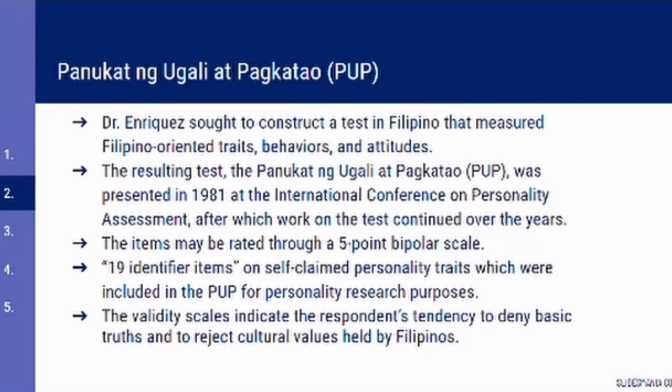The items may be rated through a 5-point bipolar scale. There are 19 identifier items on self-claimed personality traits which are included in the PUP for personality research purposes. The validity scales indicate the respondent's tendency to deny basic truths and to reject cultural values held by Filipinos.